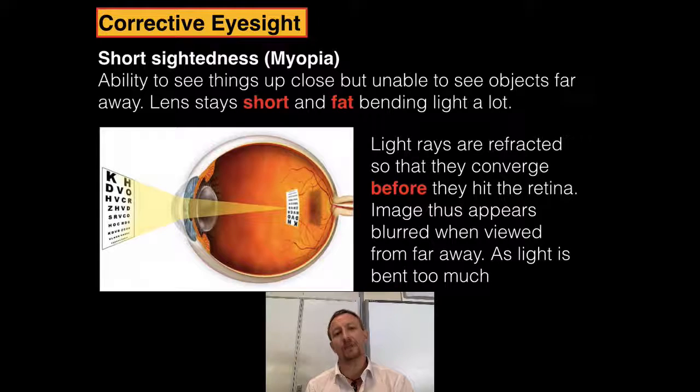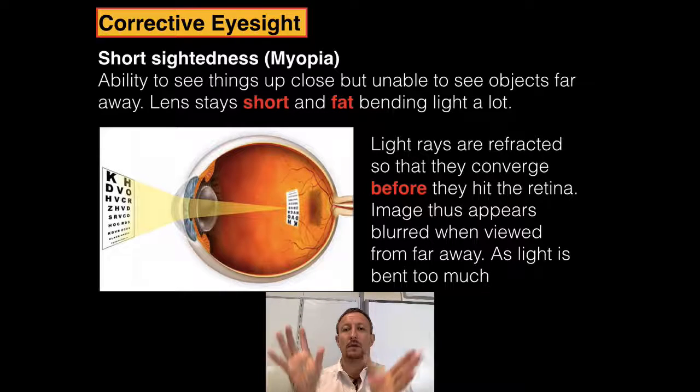You look at an object from far away, your lens doesn't change, which means that any object far away that doesn't require a huge amount of bending of light is bent very, very severely. And the result is, as you can see in the picture here, the image basically is formed, i.e. where the rays converge, before they hit the retina, which means on the retina where the light-sensitive cells are, what you've actually got is a blurred image.